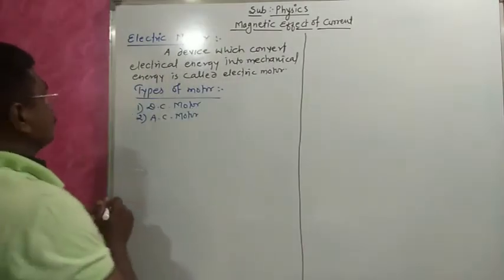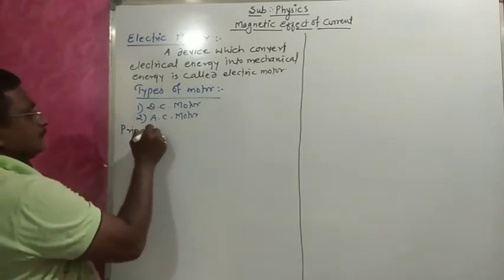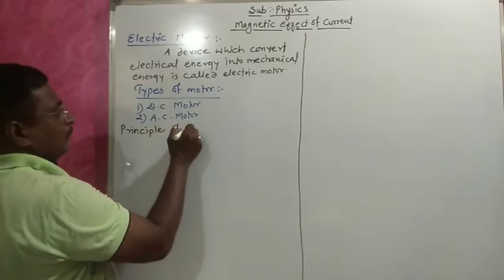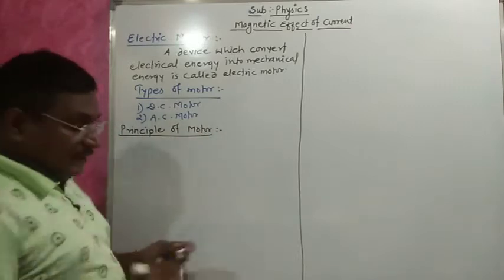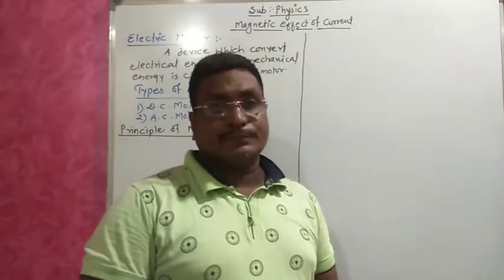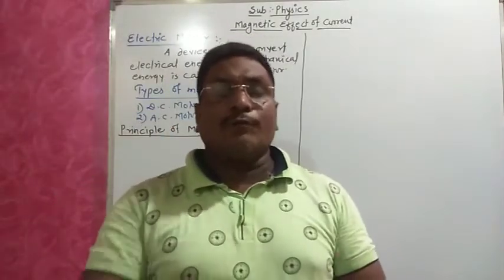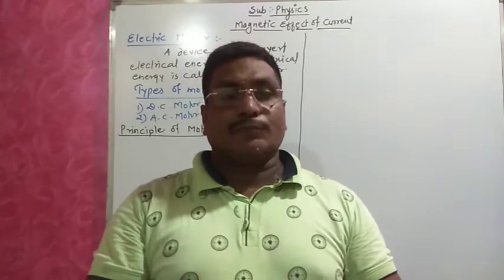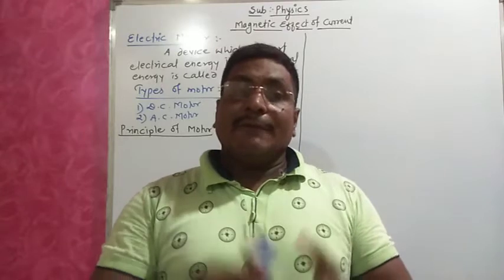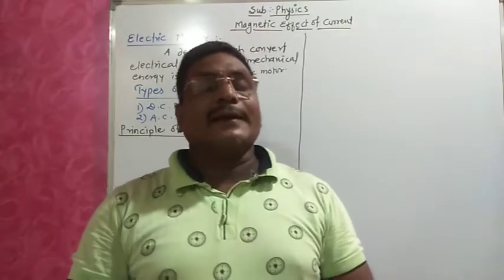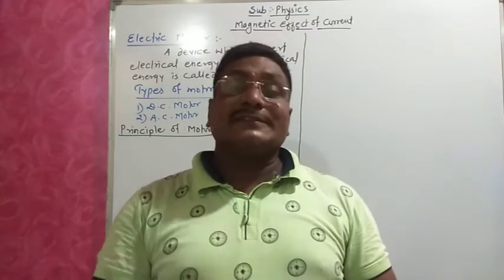Now, the principle of motor. On which principle does the motor work? Principle means on which criteria, on which base it works. In the last topic we studied that if we keep a current carrying conductor in a magnetic field, it experiences a force.